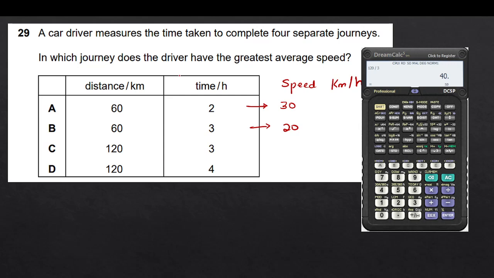Here it will be 40 kilometer per hour. And for the fourth one, it is 120 divided by 4, that is 30 kilometer per hour. Among the 4 of them, option C will have the greatest average speed.